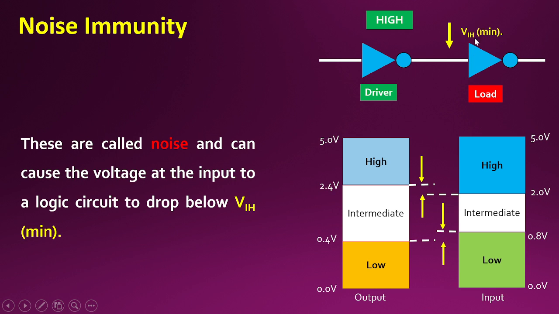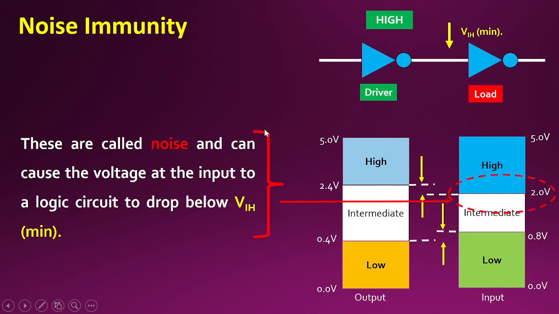So when we consider the input, we have VIH, which is this, and the noise can cause it to enter the invalid zone. Fine. When we talk about the worst case situation, here the worst case is 2, but it will all depend on the driver voltage.